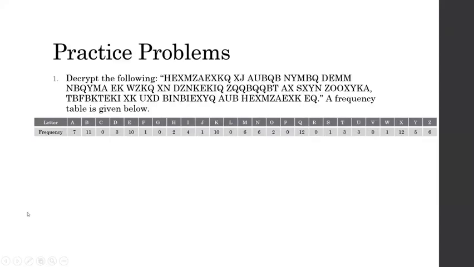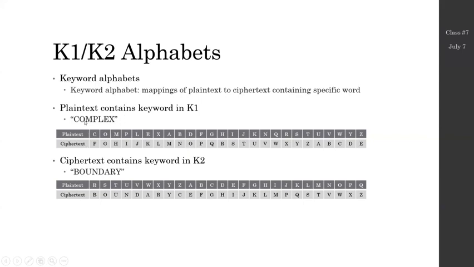In this case, your keyword is complex, and you can see the word complex literally in the mapping of the plaintext alphabet to the ciphertext alphabet.